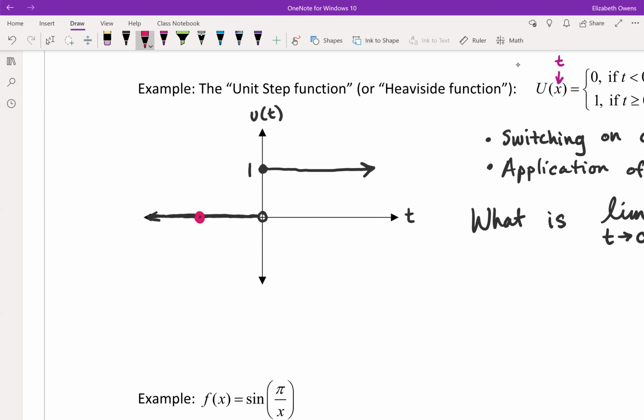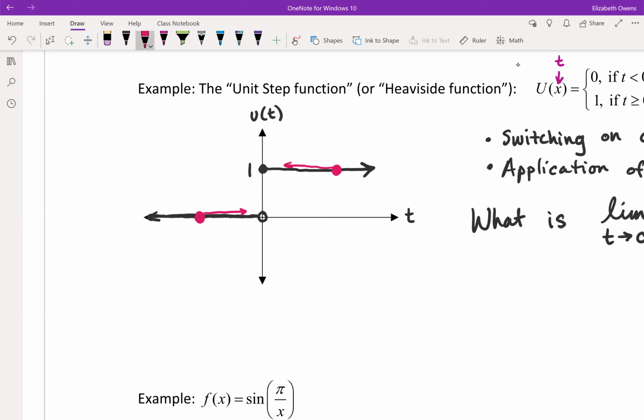So put a finger here, and then really make sure you're putting a finger on the function itself. On the other side, you'd put your finger here. And then we're going to move those fingers toward each other. We are going to approach t equals 0 from both sides. So we're approaching in, we're approaching in.